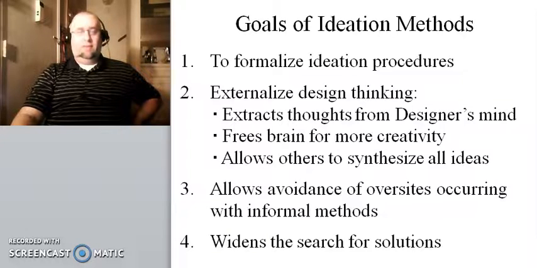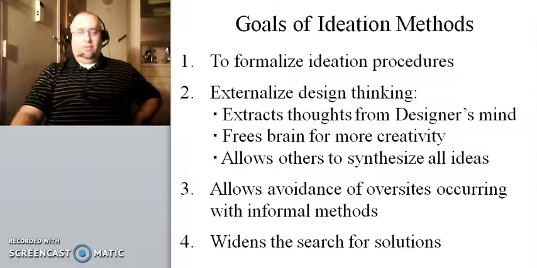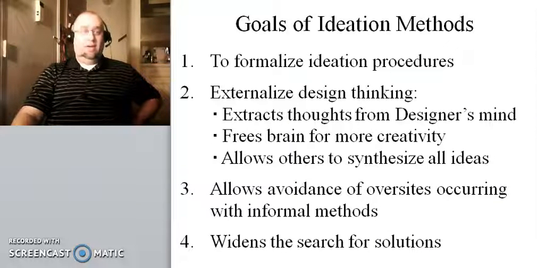So if you have an informal method that isn't a systematic step-by-step method for ideation, you could potentially forget a step. And as we've talked about in the past, if you forget a step and you come up with a design that's less than optimal, the further you are in the design process, the more expensive it becomes to try to go back and make corrections.